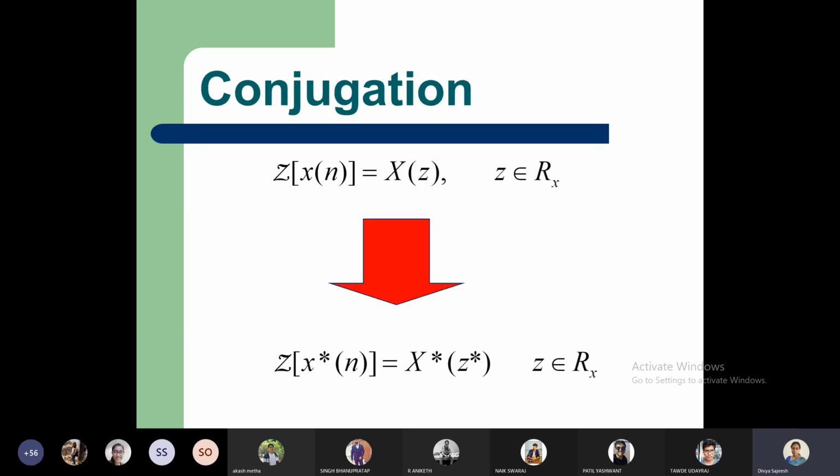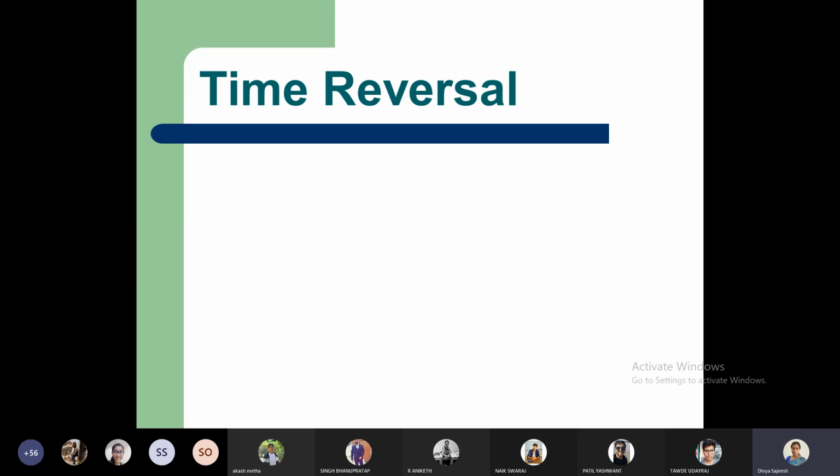Now another property is the Z transform of a conjugated signal, that is x conjugate of n. The Z transform of such a signal is equal to X conjugate of z conjugate. Again, this will be clear only when you do the numerical. So the Z transform of the conjugate of the signal is X conjugate of z conjugate.